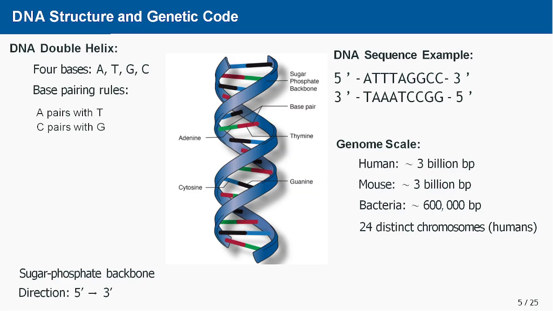Here you can mark this picture, where you can clearly see different base pairs. In humans we can have 3 billion base pairs and 24 distinct chromosomes. We know that in our human body we have 23 pairs of chromosomes, but among them we have 24 distinct chromosomes.